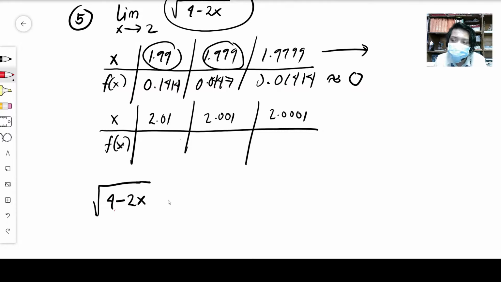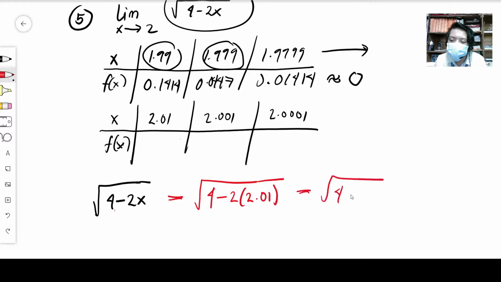So for example, if you use x as 2.01, this is 4 minus 2 times 2.01. So this is equal to the square root of 4 minus 2.02. Sorry.